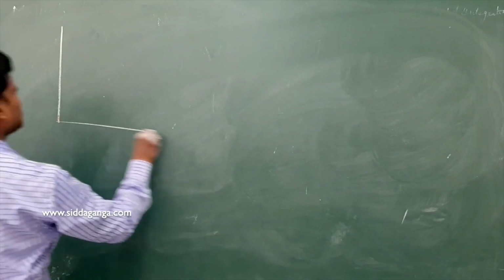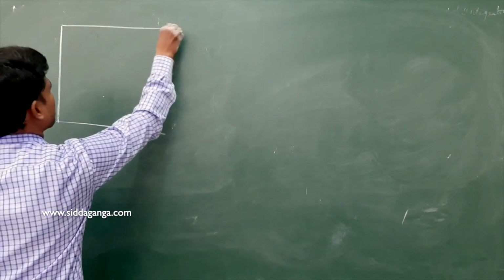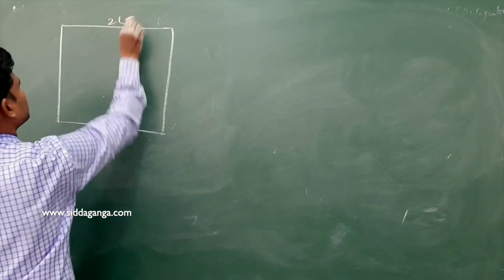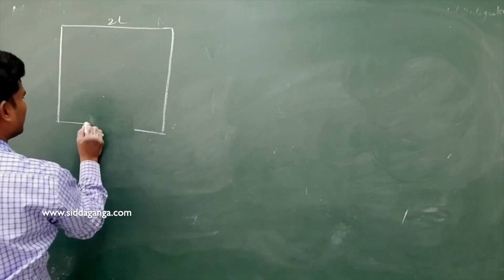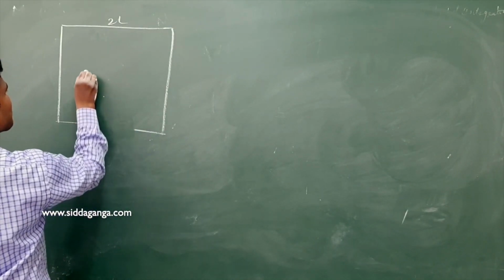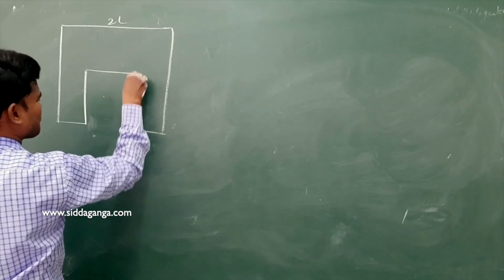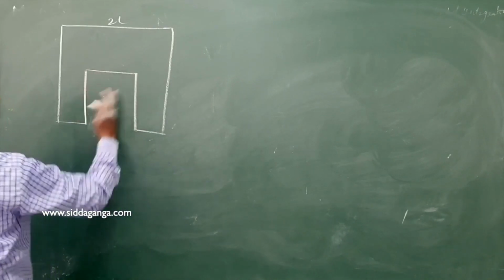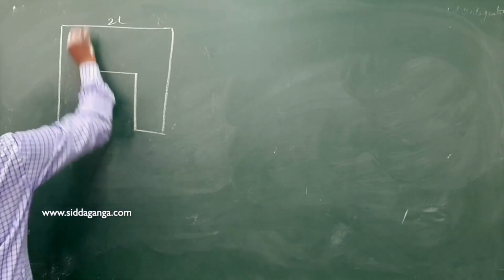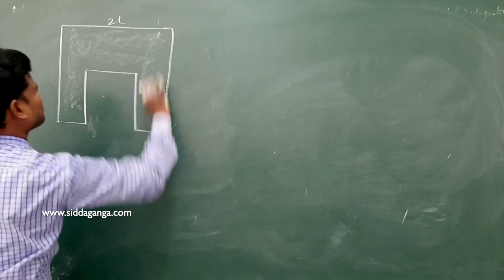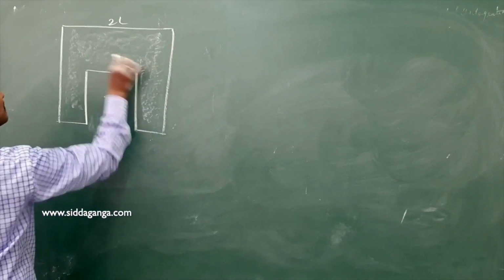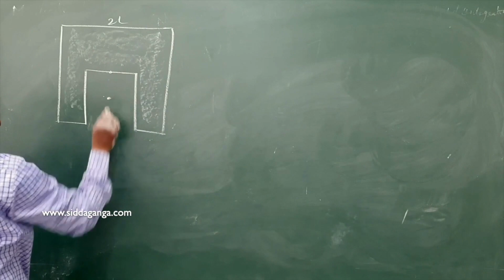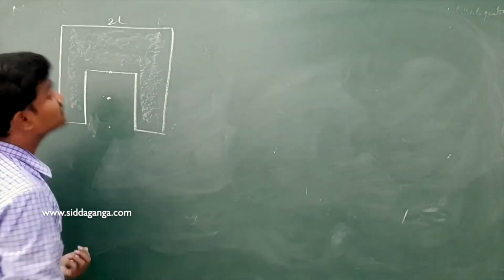Say they given this one. A square plate is given, whose side is mentioned as L, and this part is cut. Center of mass of this remaining system.